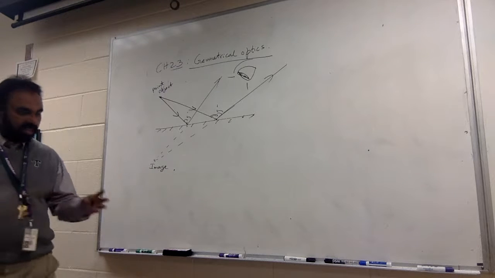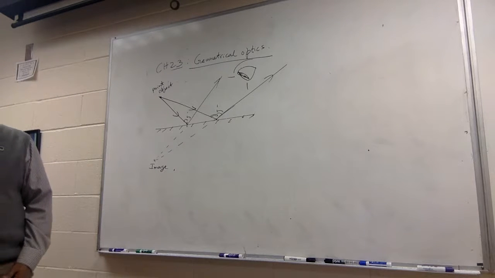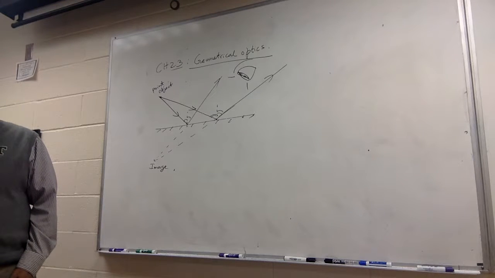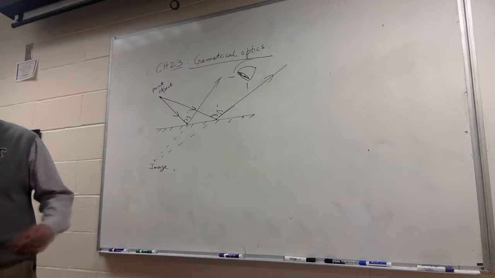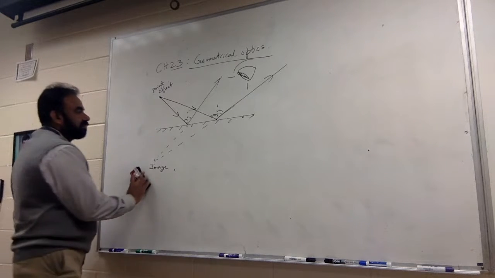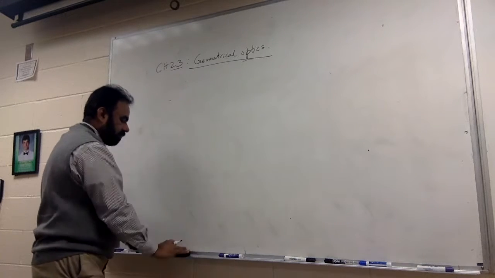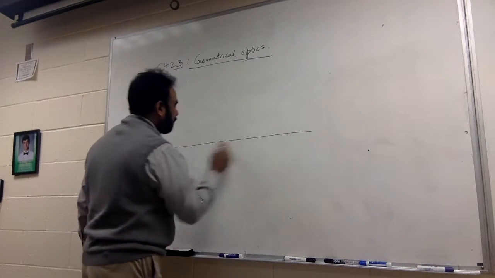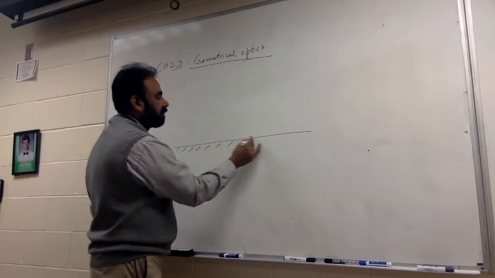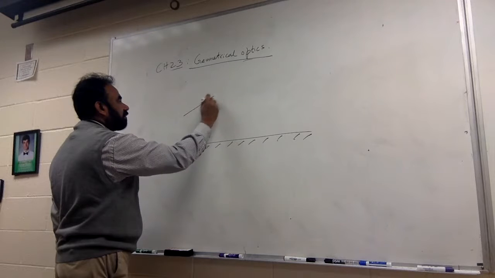Now what if you have an extended object? If you have an extended object, then the ray diagrams will be a little more involved. We got it? So for extended objects, that's a mirror. Let's say this is an extended object.